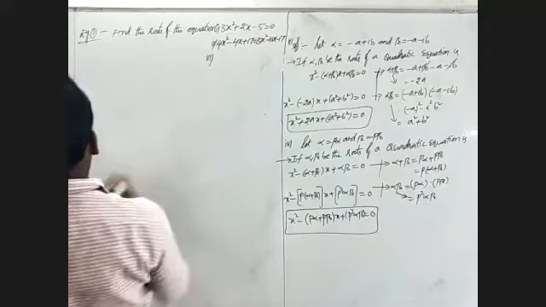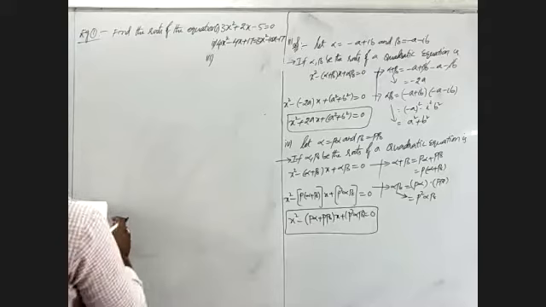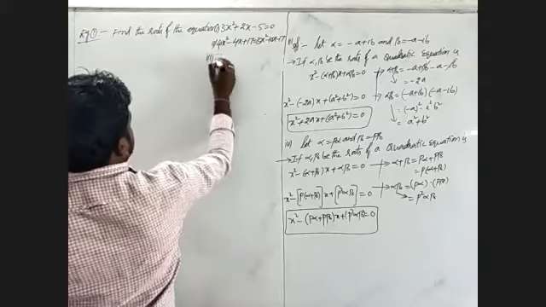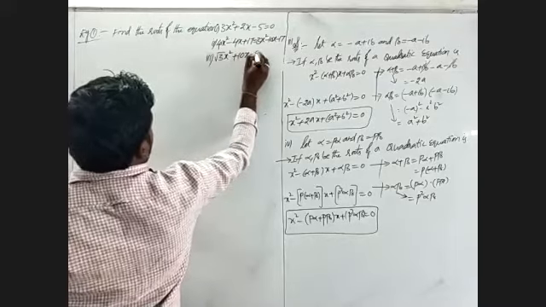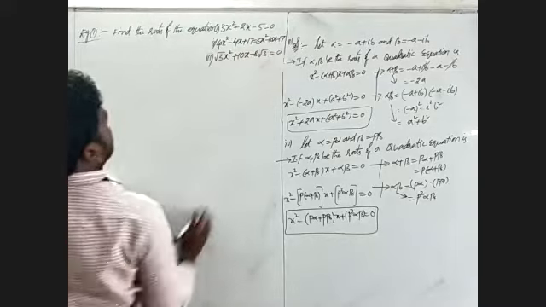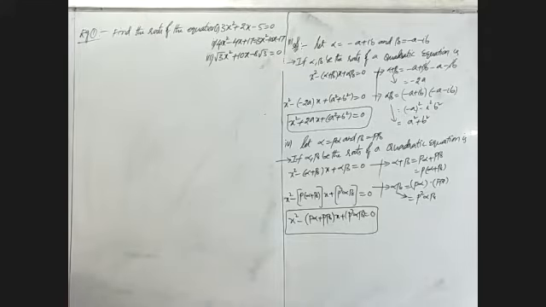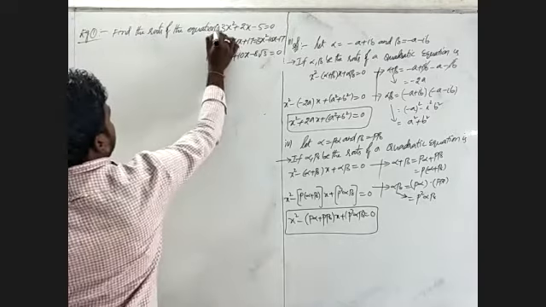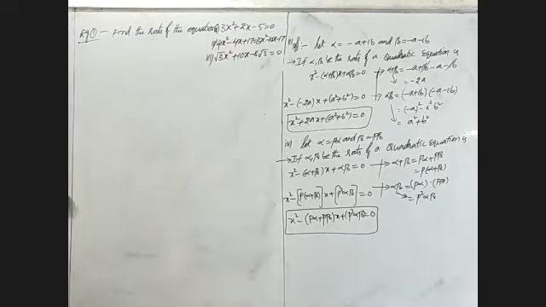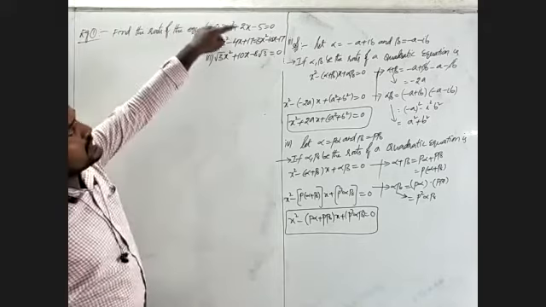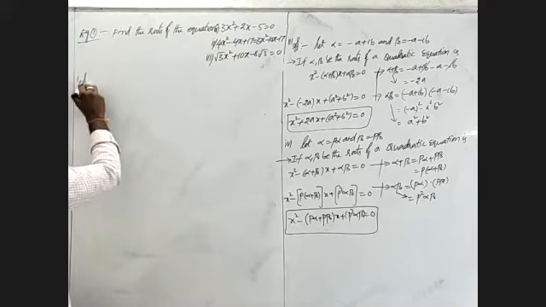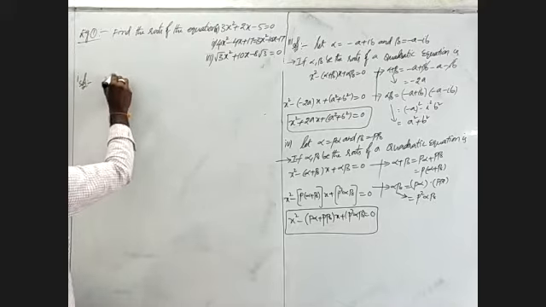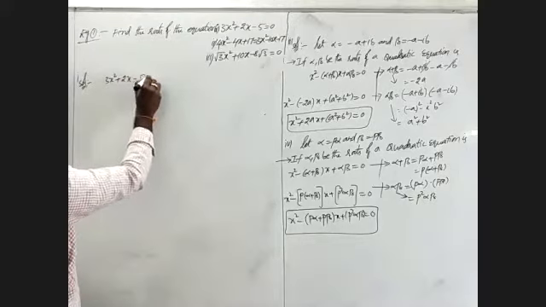Now the third one: root 3 x square plus 10x minus 8 root 3 is equal to 0. Find the roots of the equations. This is example 1, this is example 2, this is example 3.